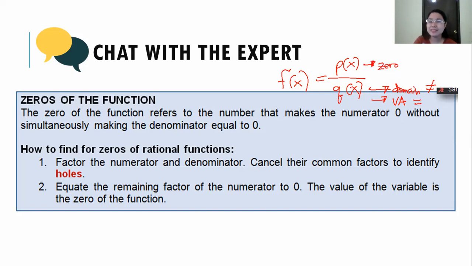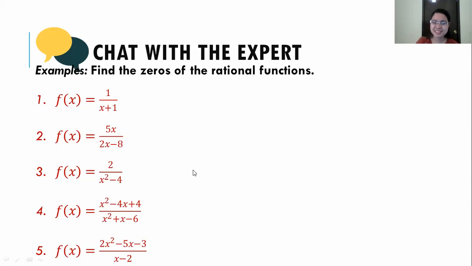So again, the zero of the function should be taken from your numerator. But in case the numerator and denominator are both factorable, we need to factor them out, and the common factors, we call them holes. Let's have some examples. Ready?